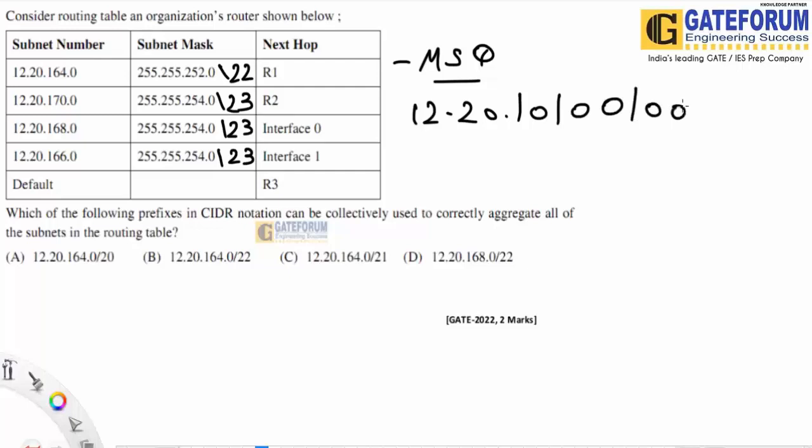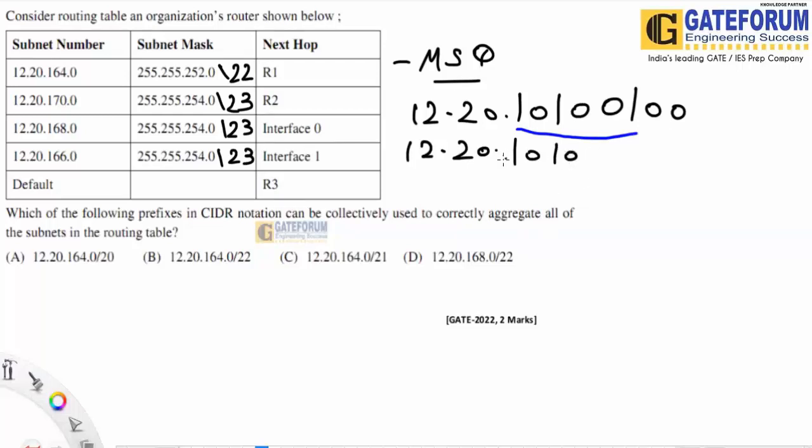If you look at the first 22 bits, this is the subnet, which is 101001. The second one is 12.20.170. 170 again starts with 1010 in the first part, which is 160, plus 10, which gives 170 in total.